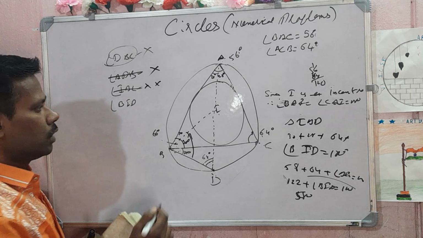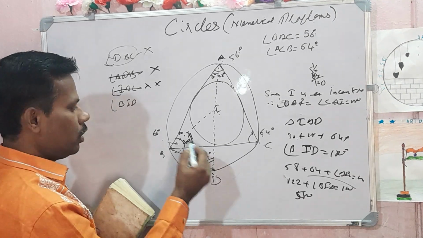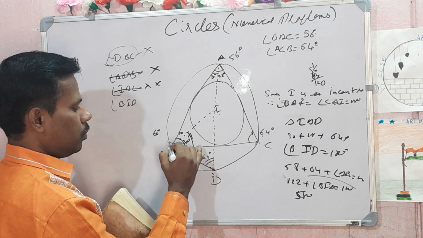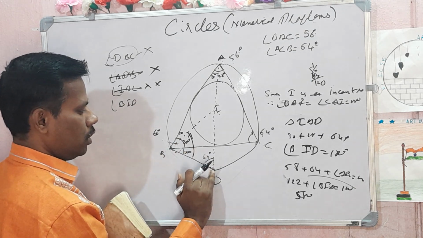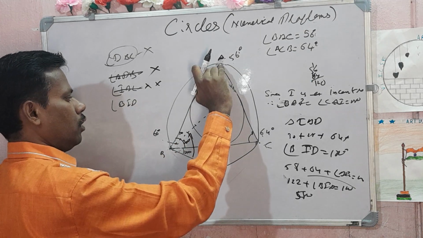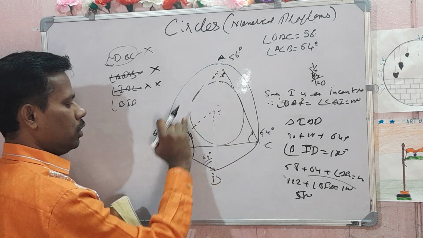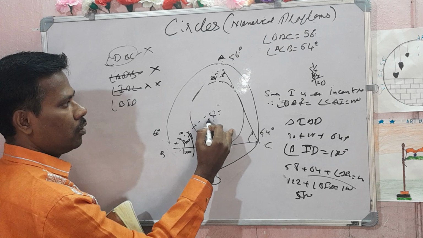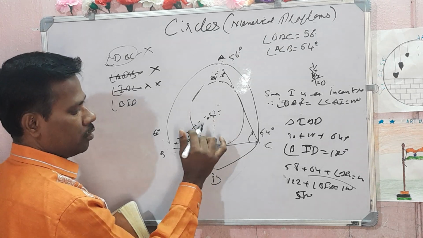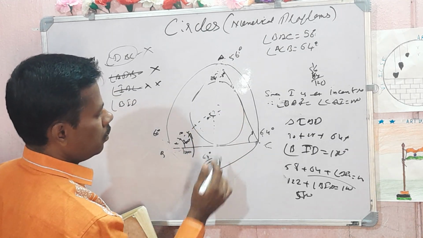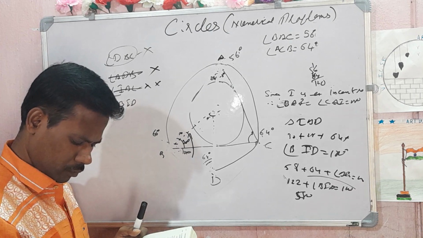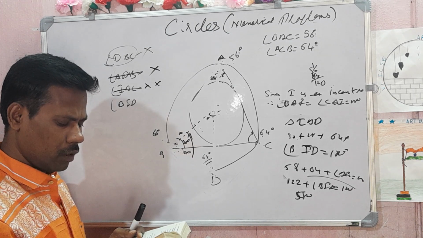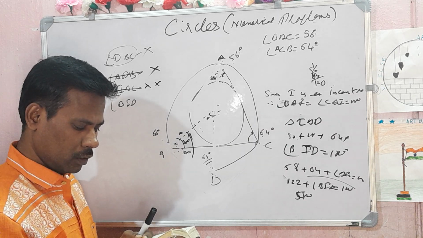Or you can say that there is another way of doing. You can consider this triangle or this BID and this one. You see here, this angle, this one. This is 28 degrees, no? This will be double. Okay, it will not come like that.